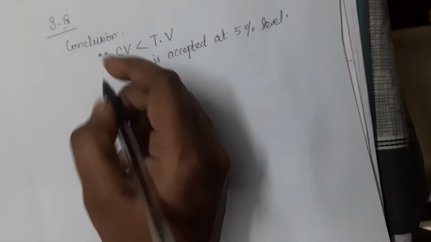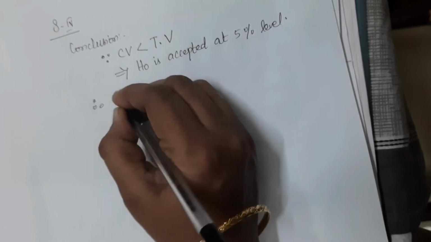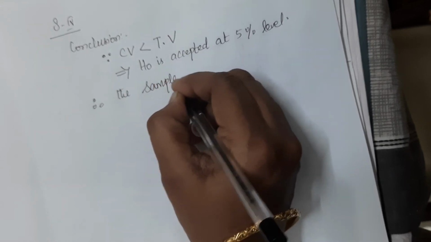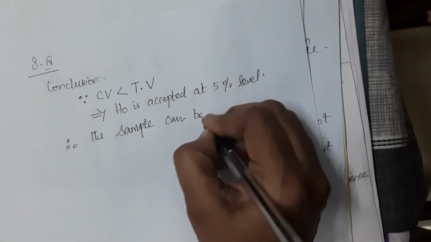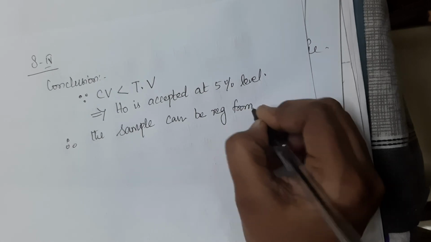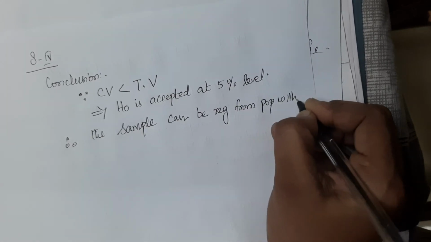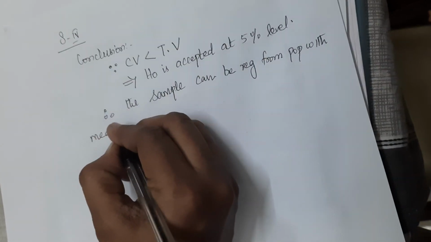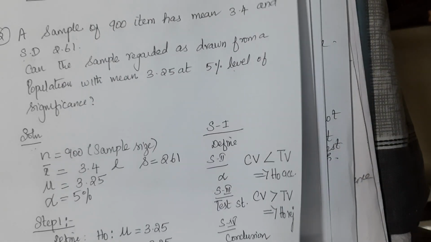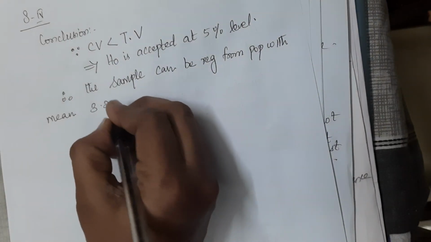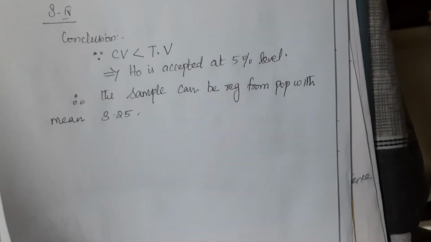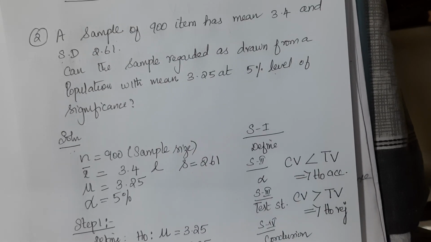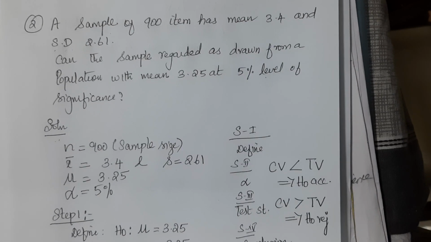Therefore, the sample can be regarded as from a population with mean 3.25. This completes the problem. This is how we have to test the type 1 problems for large sample.